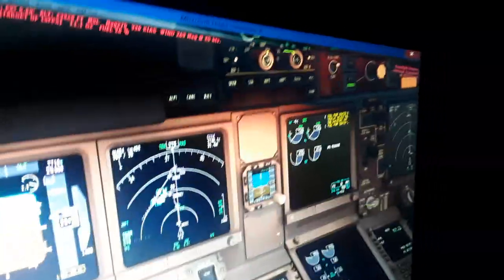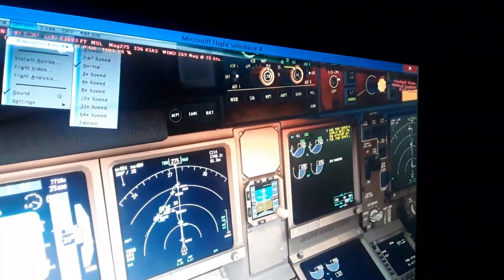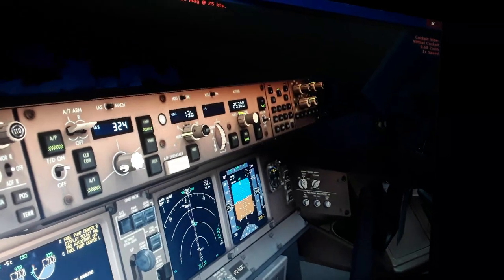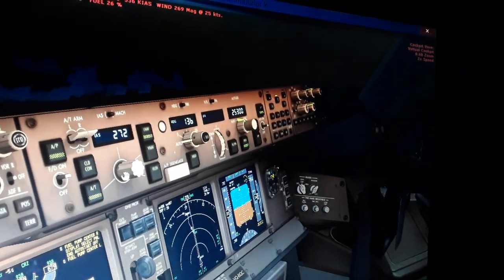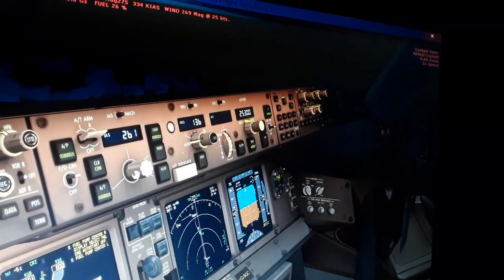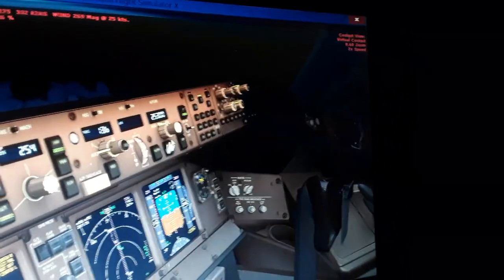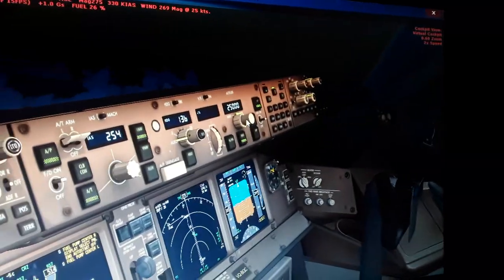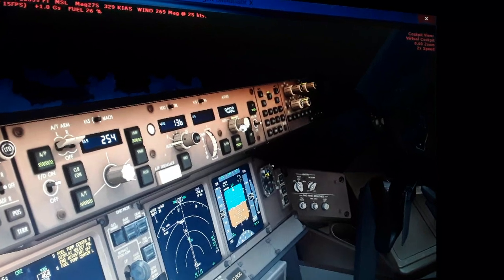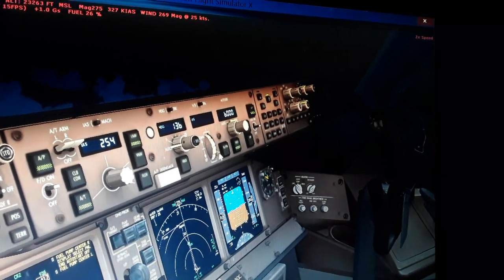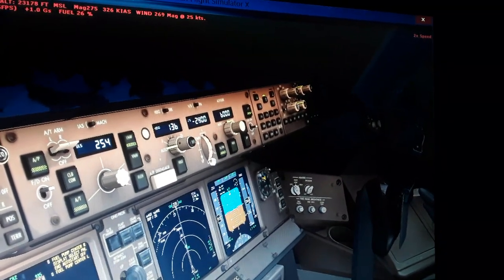We're having the autopilot connected. We use LSZH now. And also the altitude select and the vertical speed.